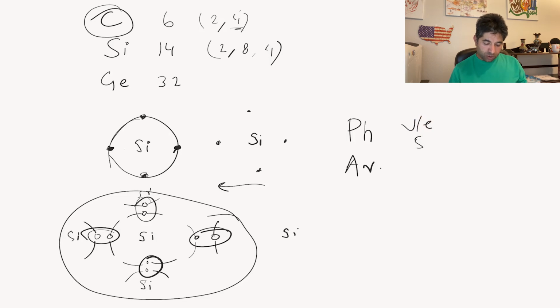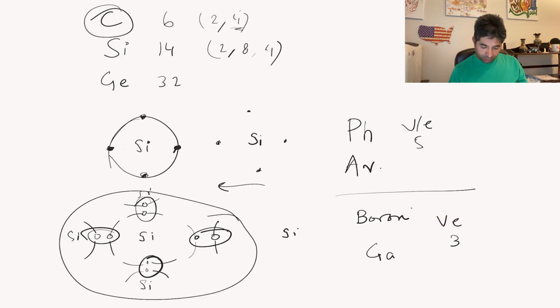As well as boron, and gallium, I think it's G, I'm not sure. They have 3 valence electrons.